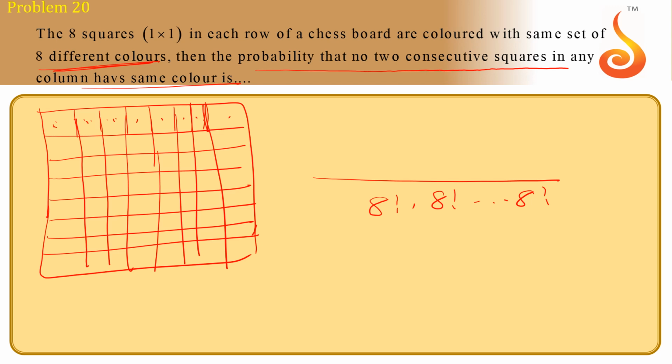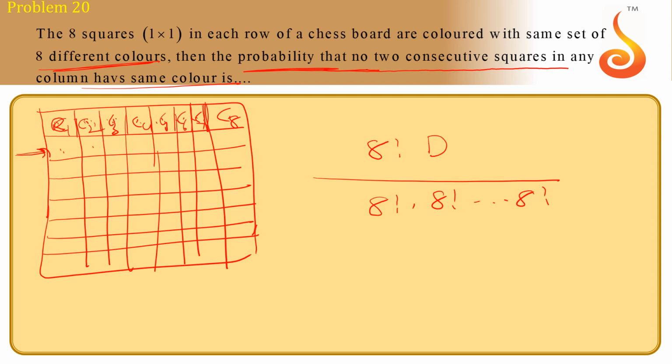Now the numerator. The first row you painted in 8 factorial ways, but what does he want? No two consecutive squares in any column should have the same color. Can I say the same 8 colors in the first row should be rearranged in the second row, so that if red comes here, red should not come here. So color 1, color 2, color 3, color 4, color 5, color 6, color 7, color 8 should be arranged in the second row so that no color is the same as the previous color.